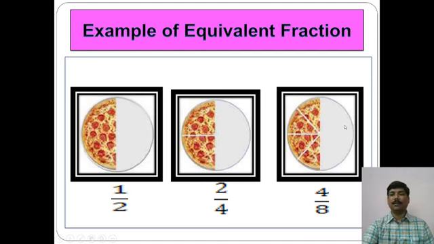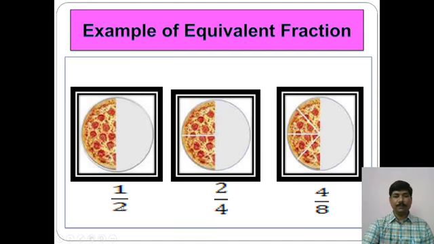In this case, we can write these parts 1, 2, 3, 4. We can do the other parts on the blank side. So the total whole will be divided into 8 equal parts, and these are the 4 parts taken. So we can write in fraction form 4 upon 8. As you are seeing here, this fraction is 1 by 2, this fraction is 2 by 4, and this fraction is 4 by 8.